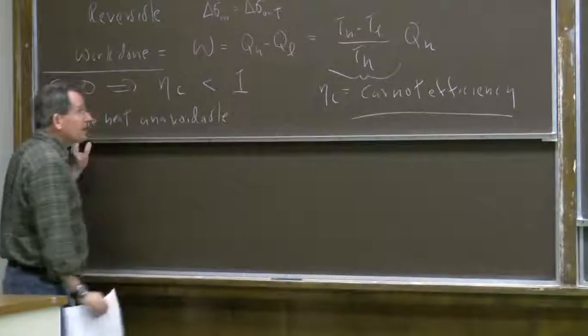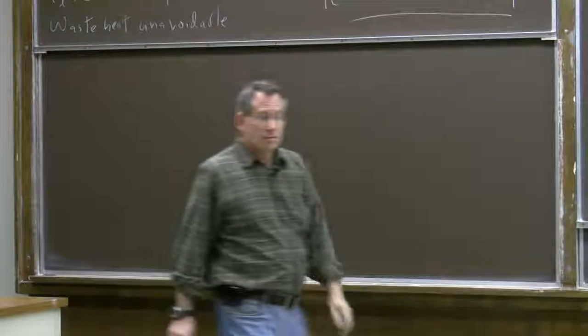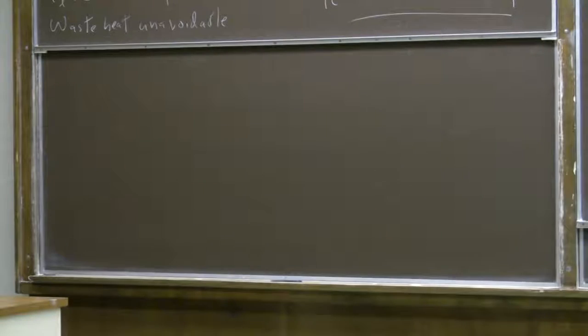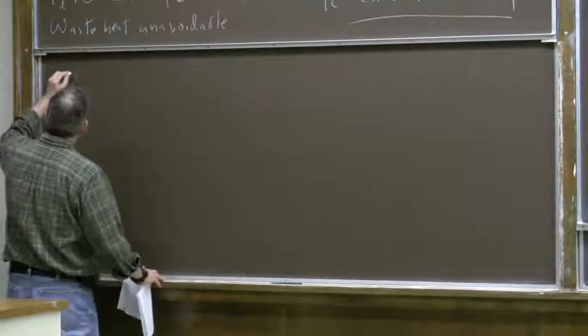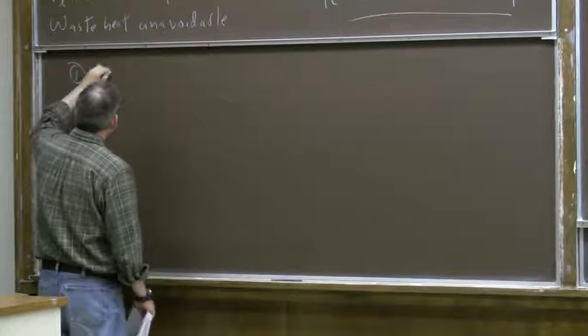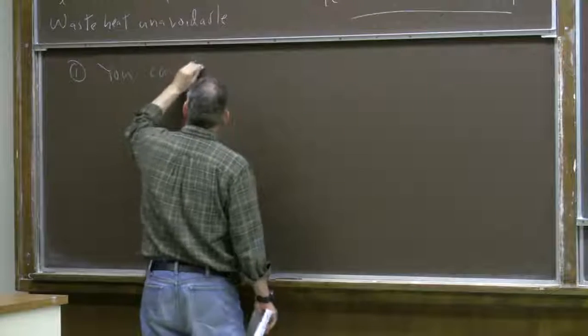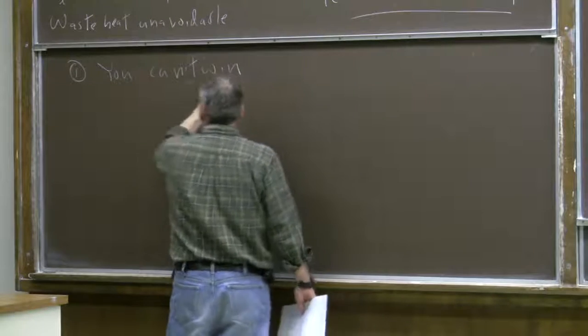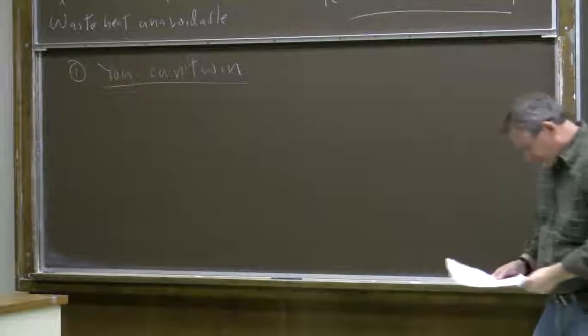So if you are a pessimist, you could summarize what we learned about heat engines in 3 laws. The first one is you can't win. That's the statement of conservation of energy.